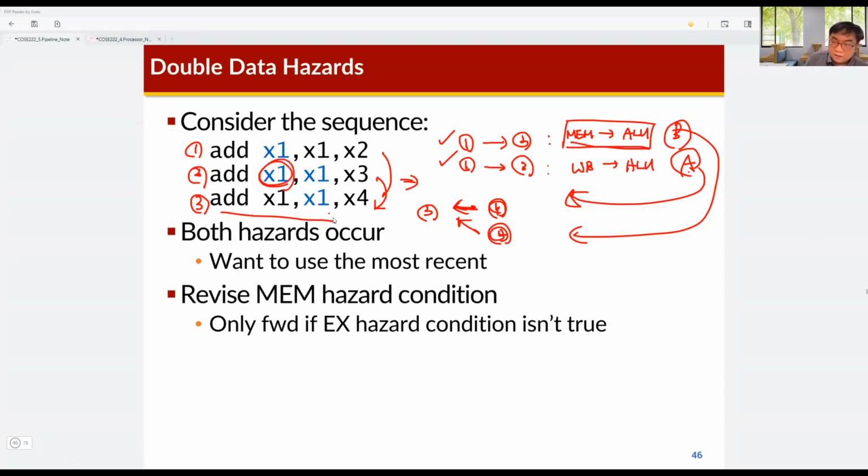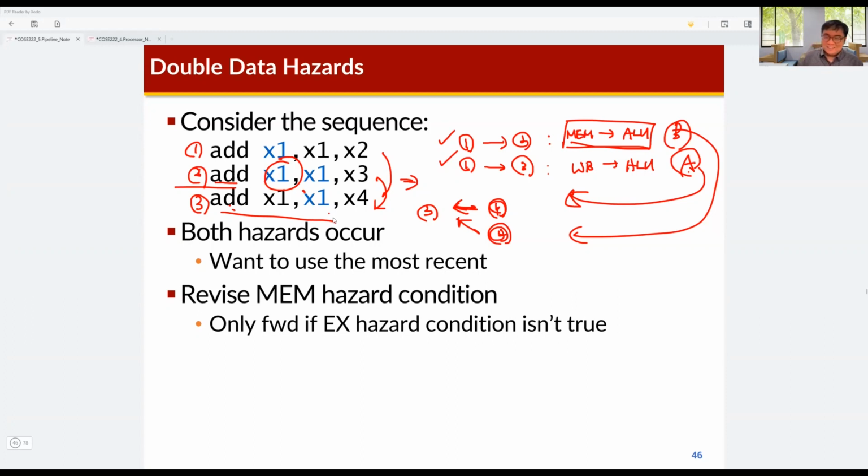Because this is the latest value for X1, and the third instruction needs to receive the latest value. This is the old value. Actually this old value is overwritten by the result of the second add instruction. So the third instruction receives the result from the second add instruction. We need to also consider this case.